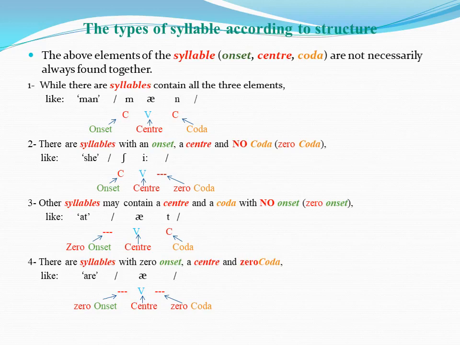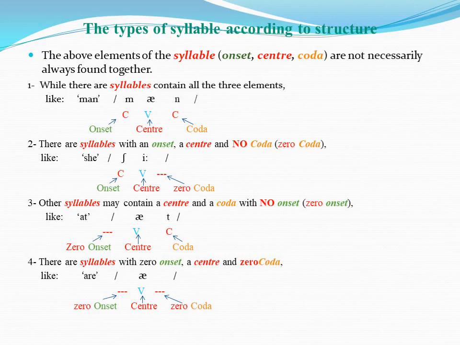Here, in the word at, for example, the syllable starts with the vowel sound, which is a center. This means that there is no onset, zero onset. And this center is followed by the sound t, which is a consonant. And this consonant represents the coda.